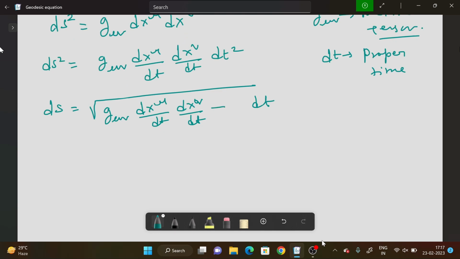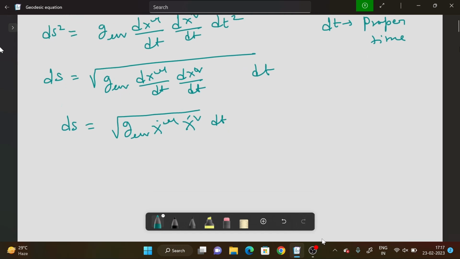Notice this thing over here. These things are just the velocities, right? So ds can be written as the square root of g mu nu x dot mu x dot nu, times dt. And what happens if we integrate both sides and then take the variation and equate it to 0?